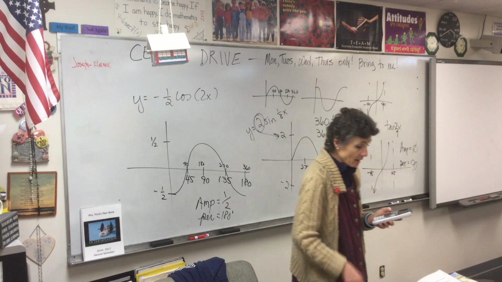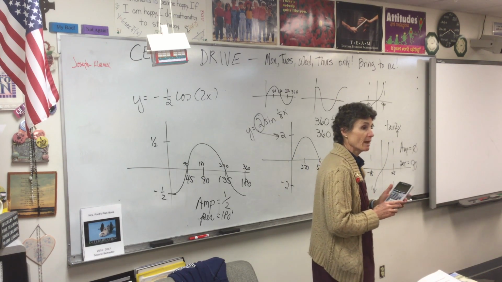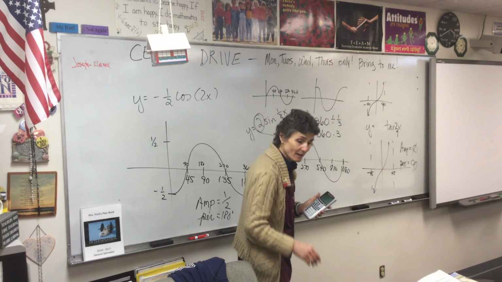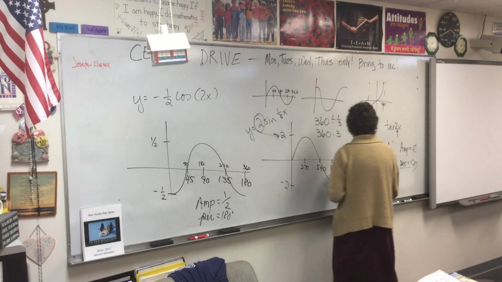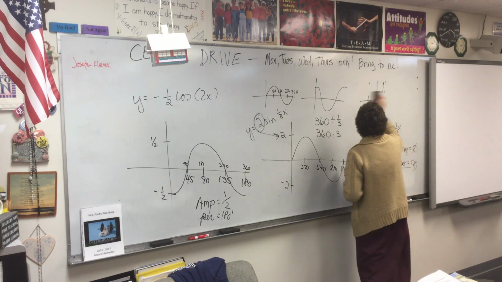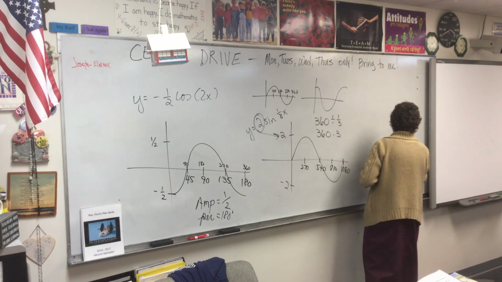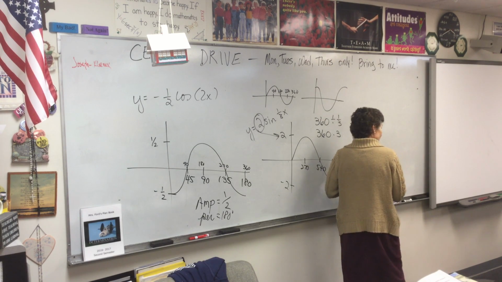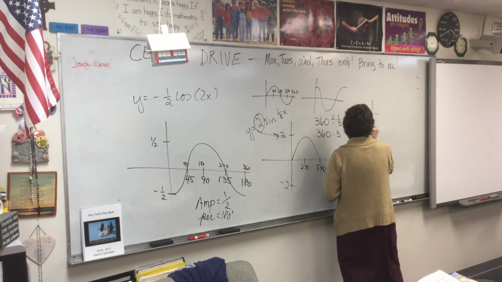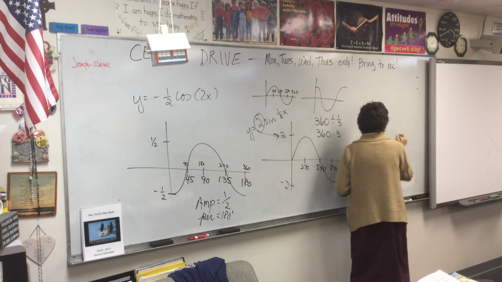All right, now we're going to find the cotangent of 311. I cannot do that because I don't have a cotangent button. So I type into my calculator 1 divided by tangent 311.